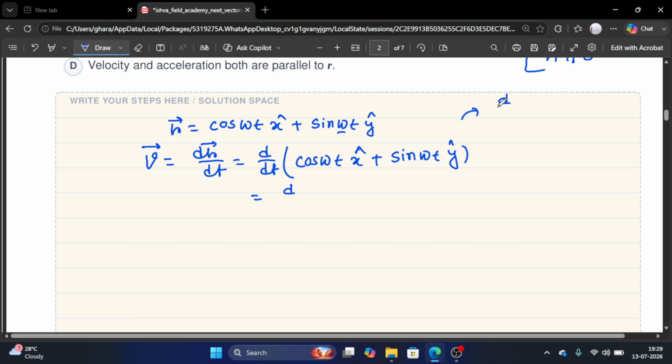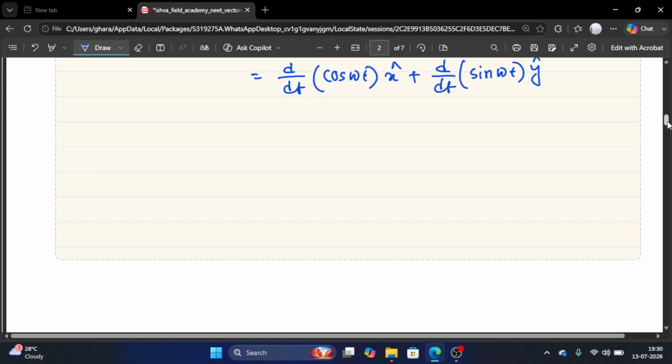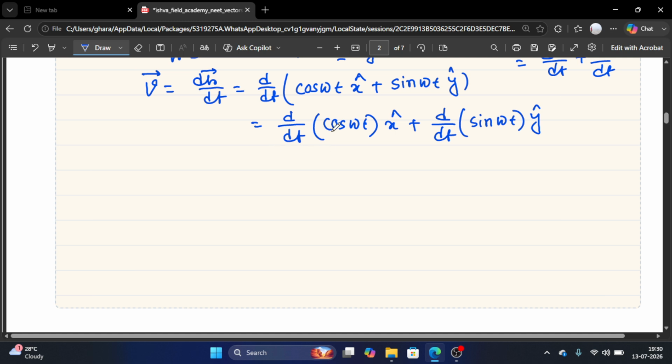We all know the linear property: d by dt of A plus B is dA by dt plus dB by dt. Similarly, d by dt of cos omega t with x cap plus d by dt of sin omega t with y cap. Now, if you differentiate, what do we get?